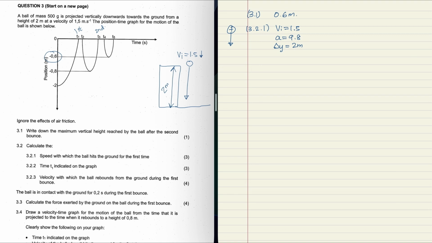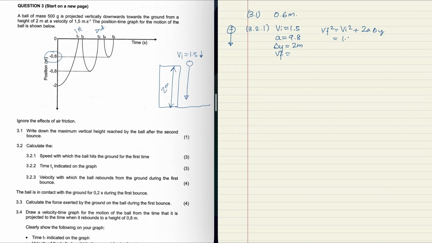So if they want to know what is the speed, they want to know what is V_F. So I can use the equation V_F squared is equal to V_I squared plus 2 A delta Y. You can write delta X if you want. Delta Y is just a different form of the equation because it's moving in the Y axis.